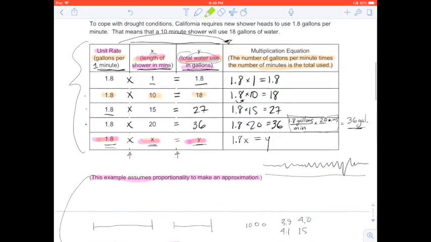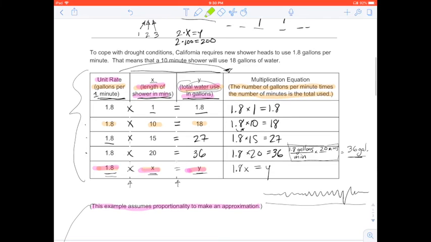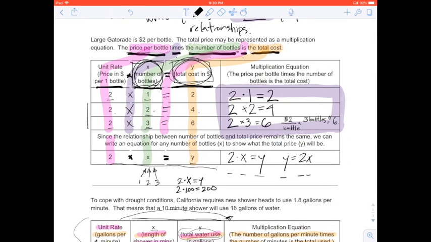And why don't we just go ahead and look back up now that I've said that. So our unit rate here is the same as the number in front of x. Kx equals y. Y is equal to k, our constant of proportionality, times x. And back up to the first one, our unit rate, our constant of proportionality was 2, and 2 is the number right in front of x.